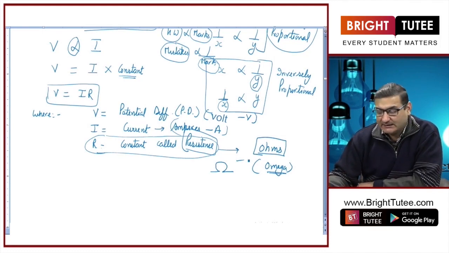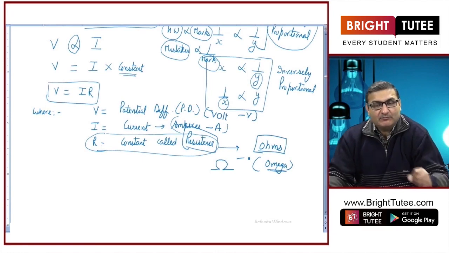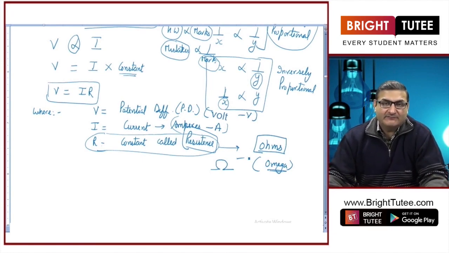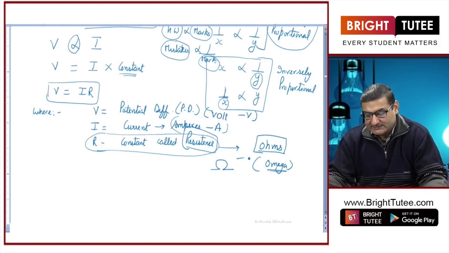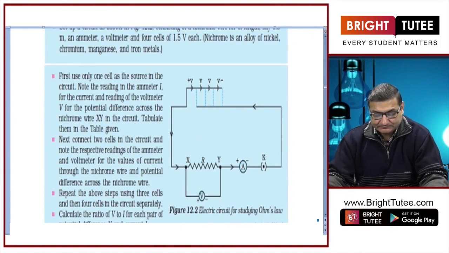Now, when we said that in Ohm's law, we concluded that potential difference and current they are directly proportional to each other. In order to check it out, we can just confirm it with our own experience or our practical done in the laboratory. We can just check it out. How? Let us see. We will take this kind of a setup.